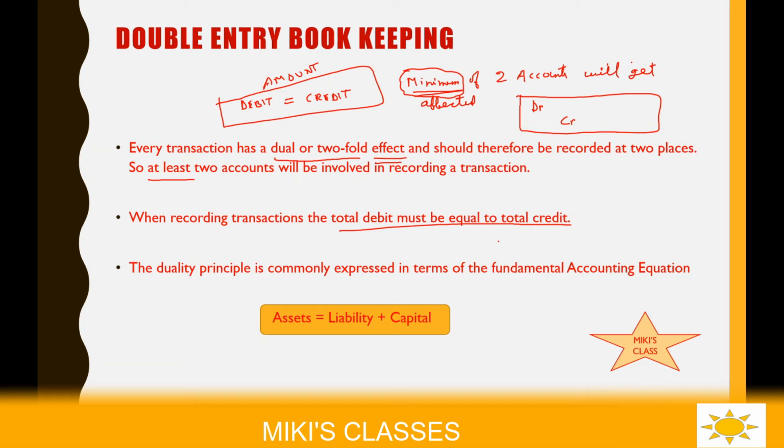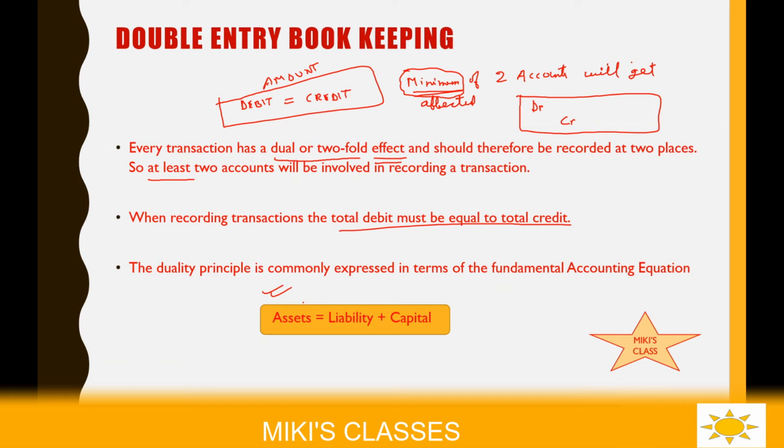As we keep on practicing, as we keep on doing more and more examples, these concepts will become much more clearer to you, right? The duality principle is commonly expressed in terms of the fundamental accounting equation. So it is saying that this concept, this debit credit, and this concept of minimum two accounts getting affected is the same with this accounting equation.